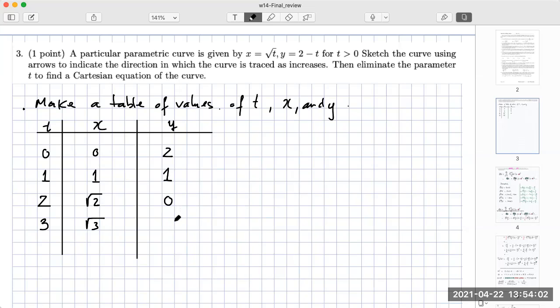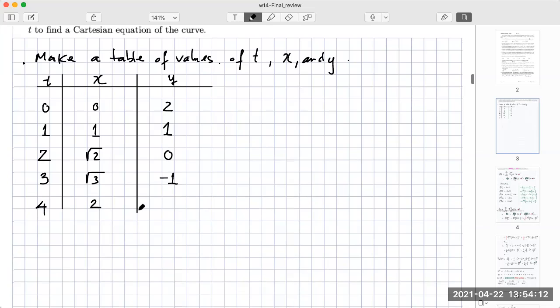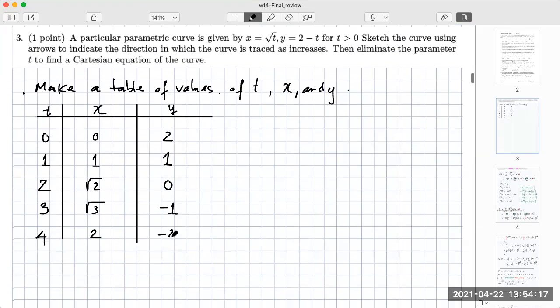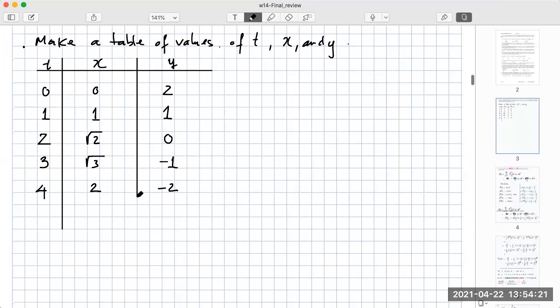And y will be? Very good. At 4, it will be 2. Very good. And y will be? -2, right?